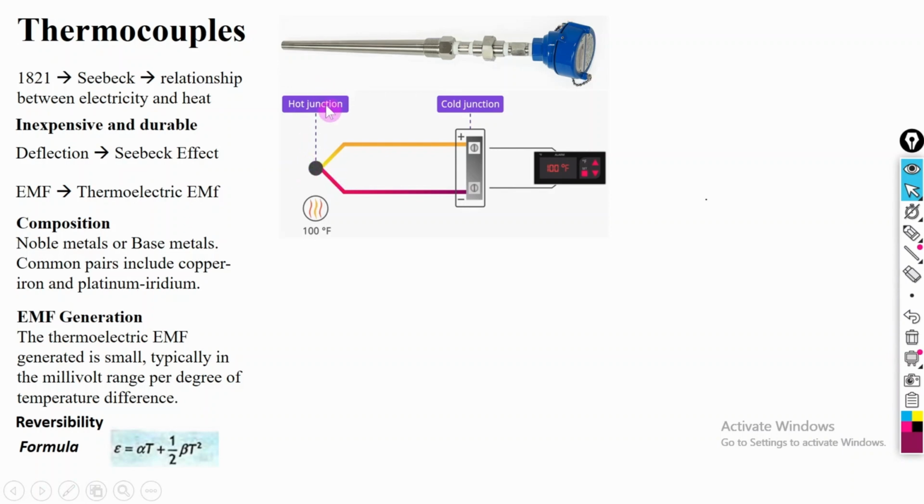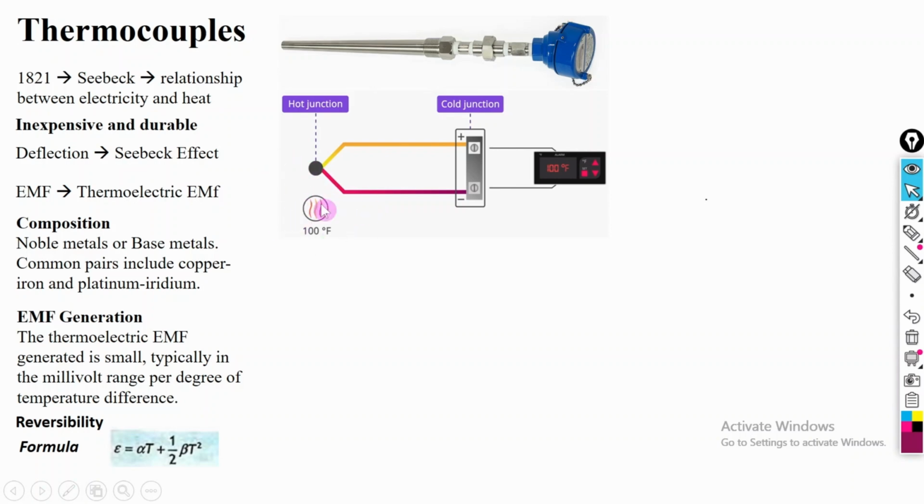Therefore this junction is called the hot junction, and on the other hand we have this cool junction. And these wires must be of different nature, meaning that if this wire is made up of the copper element, then this wire must be made up of a different element, not the same as the copper element.